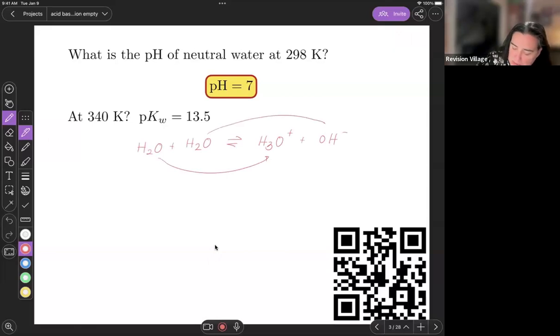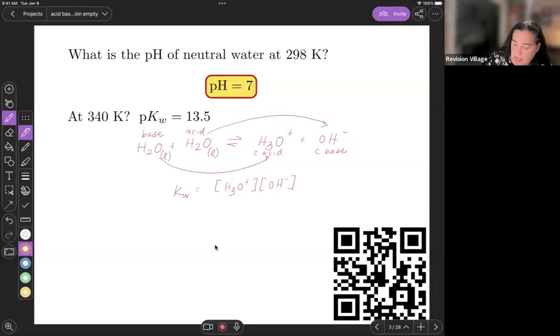This one who lost the proton is going to be an acid. And on the other side, you must recognize the conjugate acid and the conjugate base. The K here is going to be the concentration of the products multiplied together over the concentration of the reactants raised to their powers. Because water is a liquid, it doesn't appear in the equilibrium constant expression.